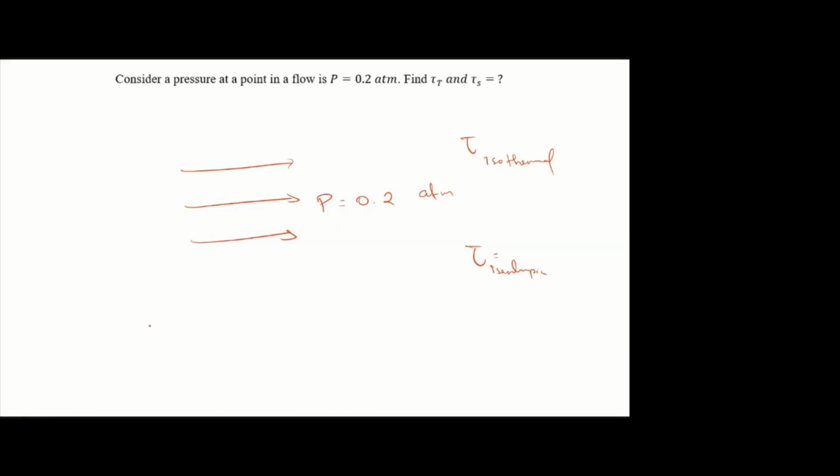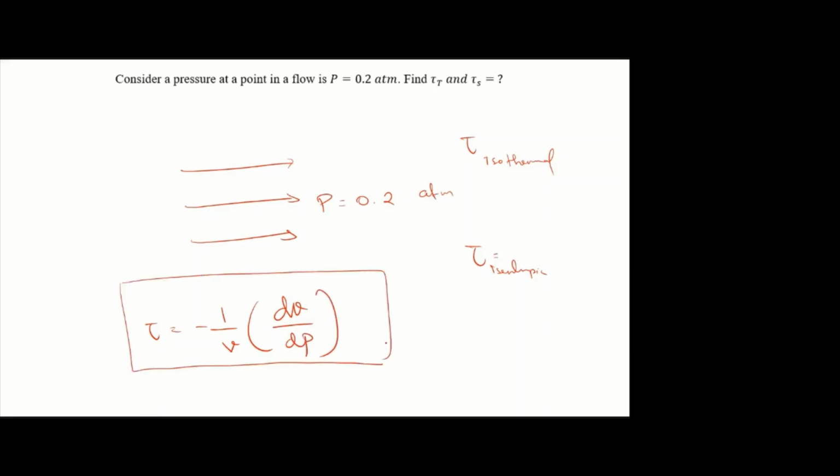So you know the compressibility equation: minus 1 by specific volume, then dV by dP. This is the general equation for both conditions, isothermal and isentropic. What is the condition for isothermal? For isentropic, you told P naught is constant, T naught is constant.